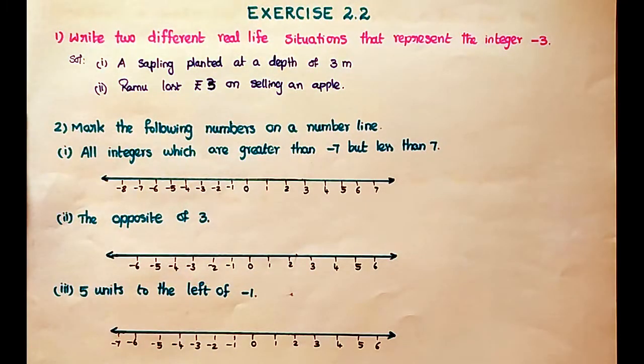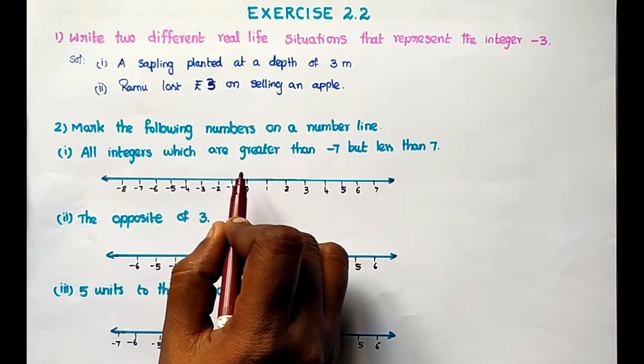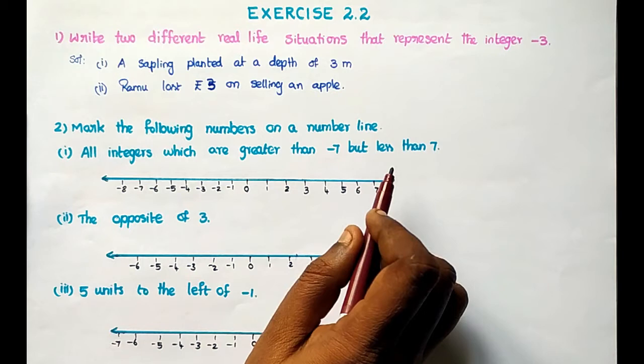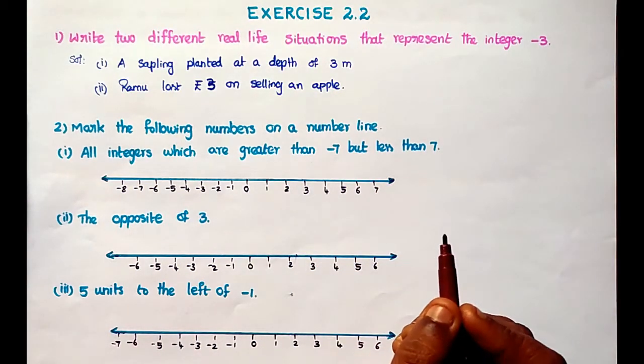Next is, mark the following integer numbers on a number line. We have to mark the number on the number line. First one, all integers which are greater than minus 7 but less than plus 7.